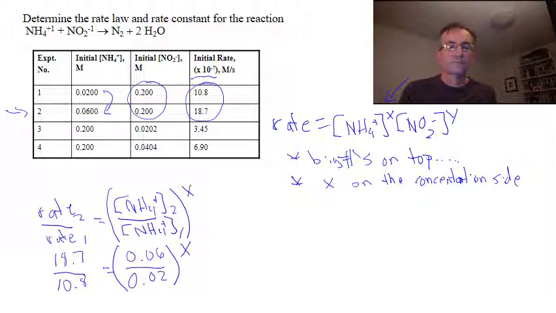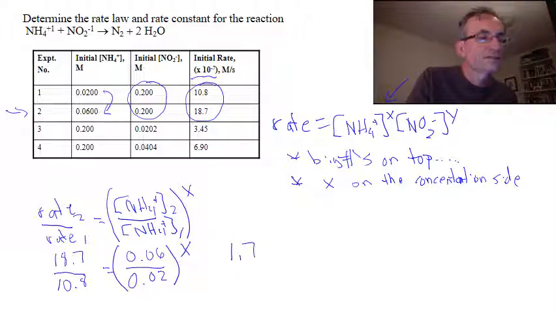Now we've got a ratio, and we're just going to do our math. If I divide 18.7 by 10.8, I get 1.7 equals, and if I divide 0.6 by 0.3, I get 3 to the x.